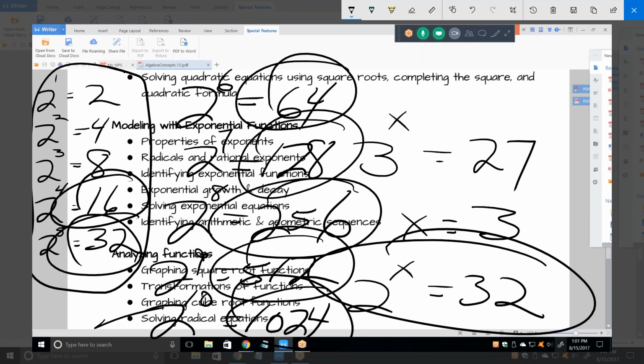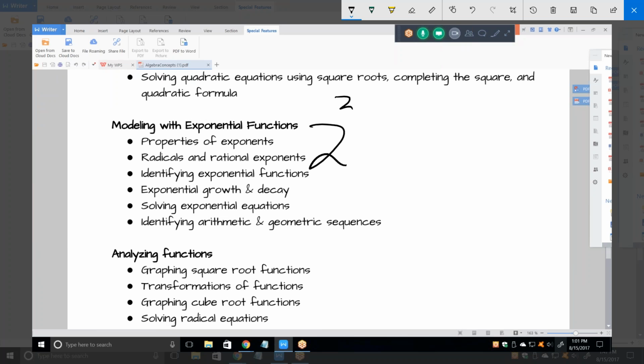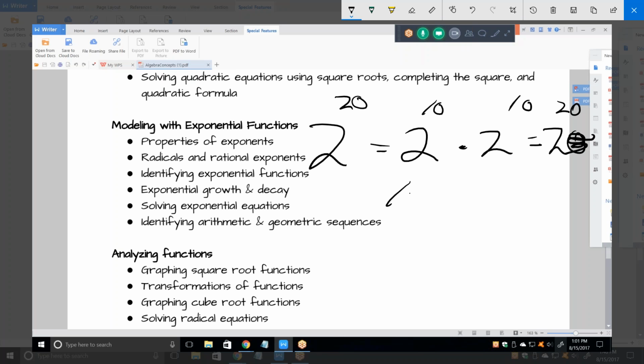So if 2 to the 10th is 1,000, what's 2 to the 20th? Well, that would be 2 to the 10th times 2 to the 10th, right? Same base, add the exponents, that's equal to 2 to the 20th. What's 2 to the 10th? I said it was about 1,000. It's actually 1,024, but I'm going to round it off.